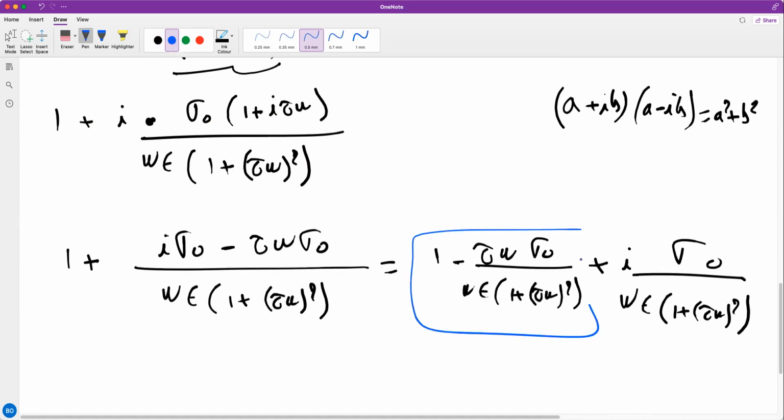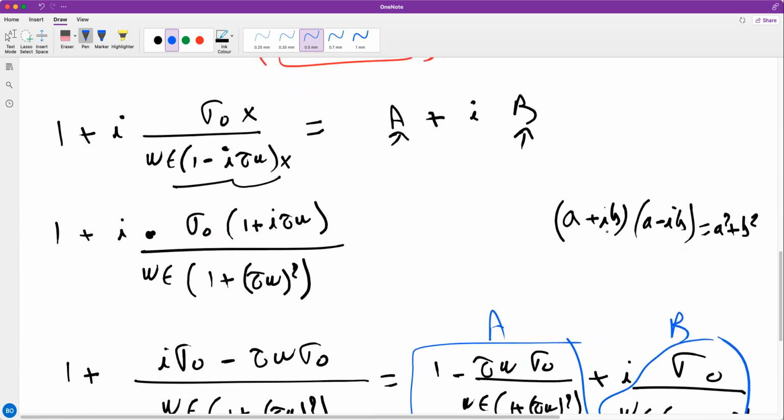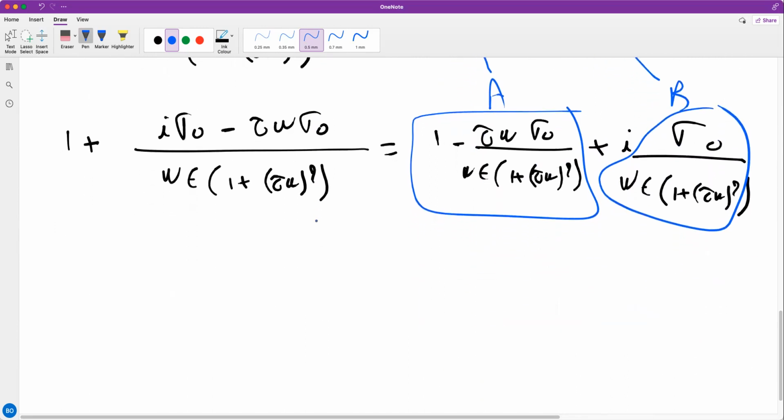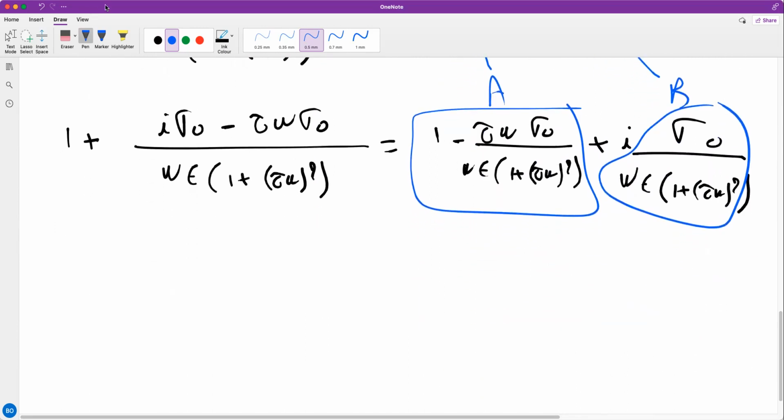So this is A, and this is B. Very okay, right? Any question? Any question? I did not copy it, but because now I have k, it will be like A plus iB.